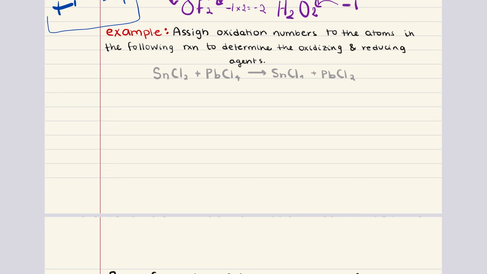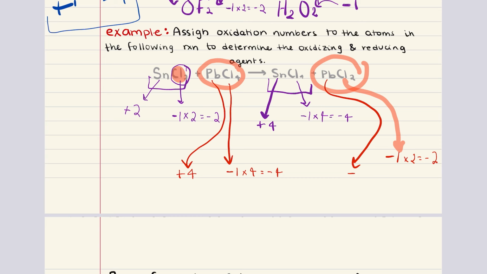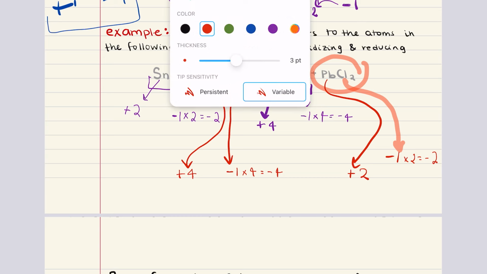Similarly, we can do this for lead(II) chloride. Again, chlorine is the most electronegative atom here. We're going to assign it a -1 charge. There's 2 of them. That gives us a total of -2. That means that lead in this compound is going to have an oxidation number of +2.